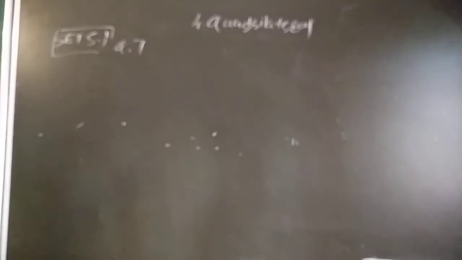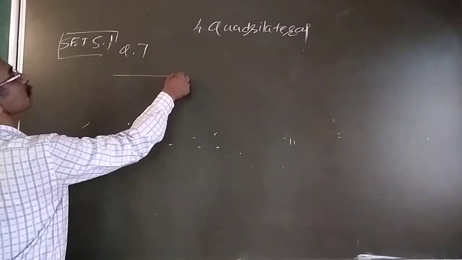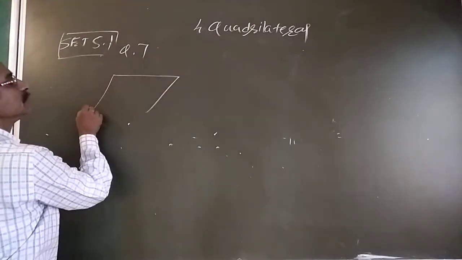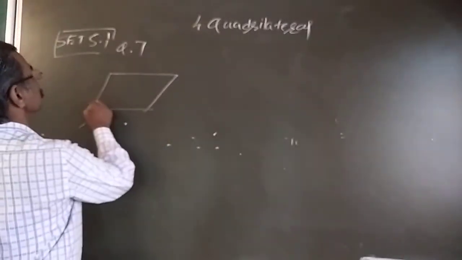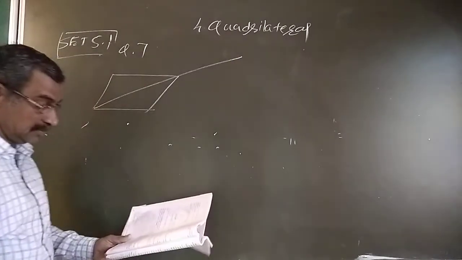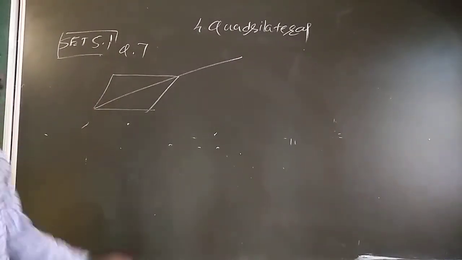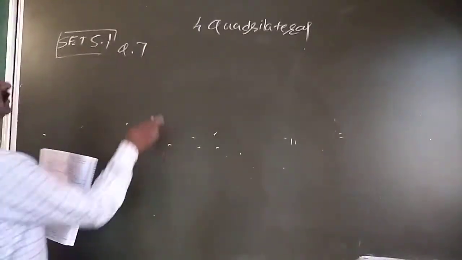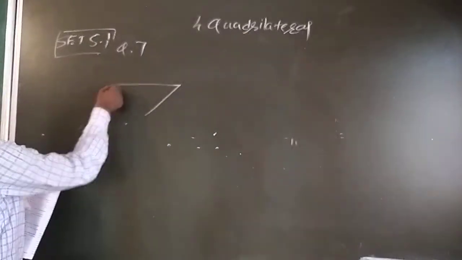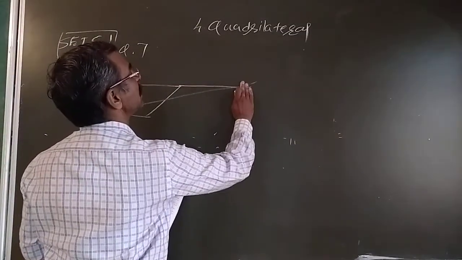I will draw the diagram. The diagram is given. This is the parallelogram. Then by extending these sides, and also extending this side, we get the diagram like this.